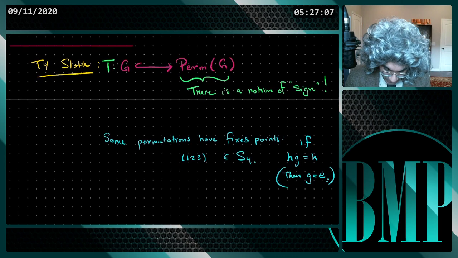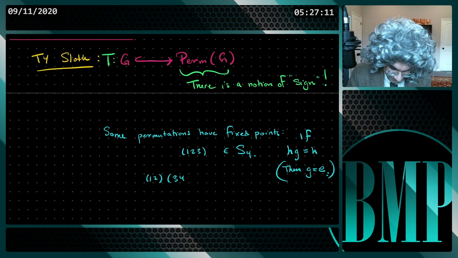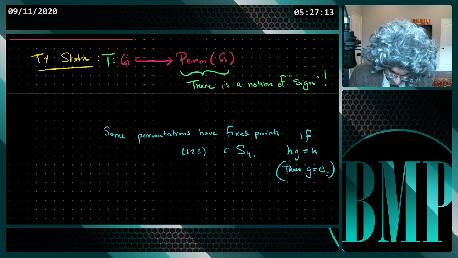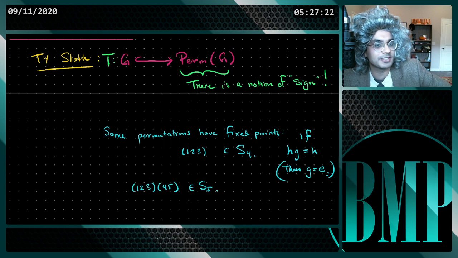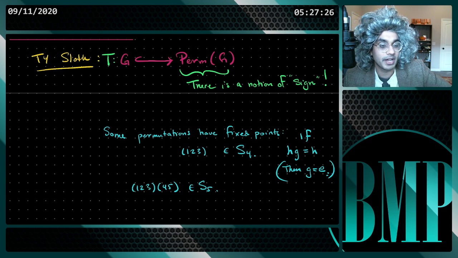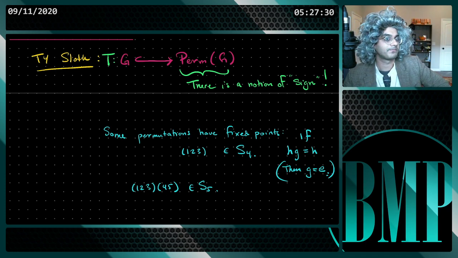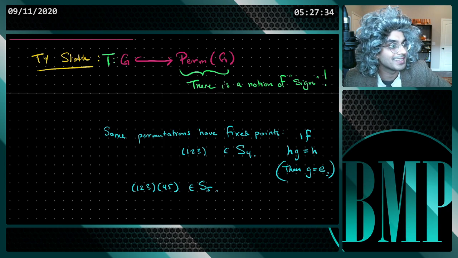However, you can have permutations that have no fixed points. I have to go to a bigger group. This permutation has no fixed points, but it is odd. All right?